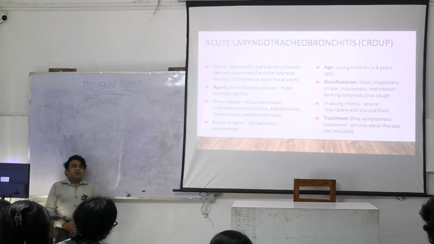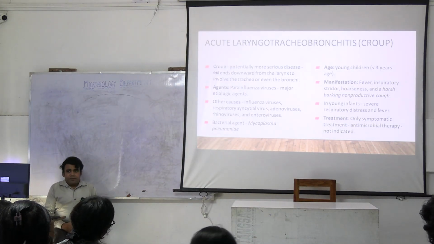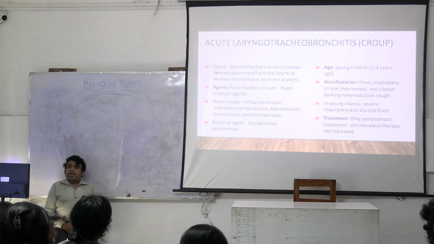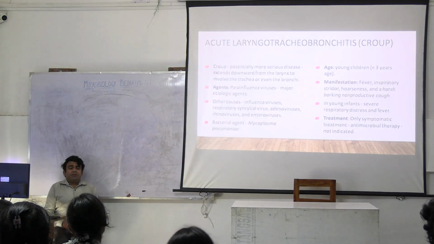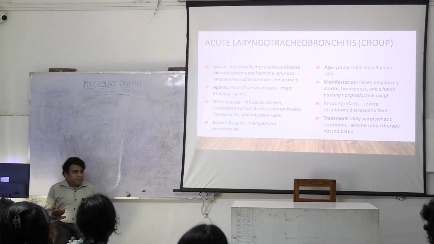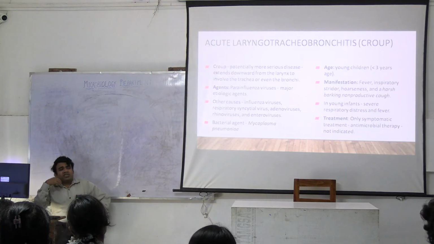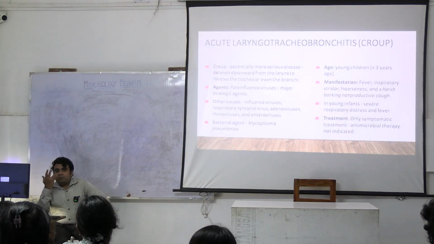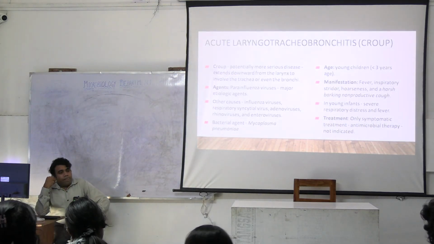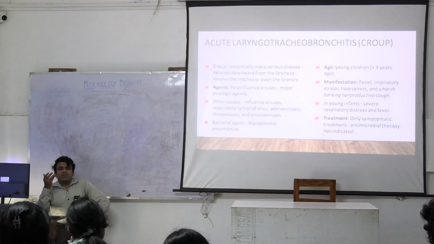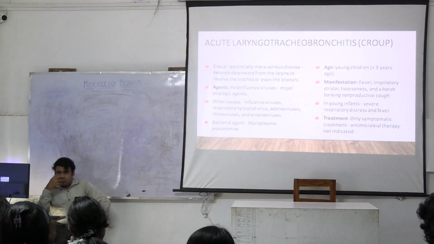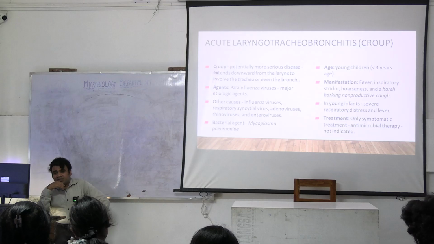Commonly, children are affected, and when they are affected, they have difficulty in breathing in and breathing out, and the child may not even be able to swallow saliva. Dribbling of saliva can also be seen.